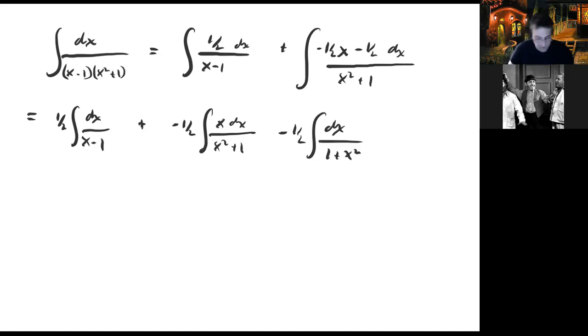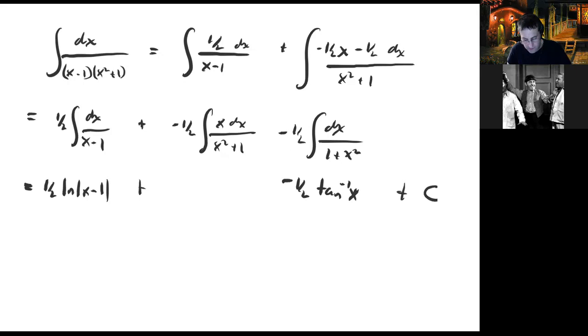I have a reason for that. Okay. So now the first integral is 1/2 ln absolute value of x minus 1. The last integral is negative a half the arctangent, because the derivative of arctangent is 1 over 1 plus x squared. And it's just the integral in the middle which we need to do.